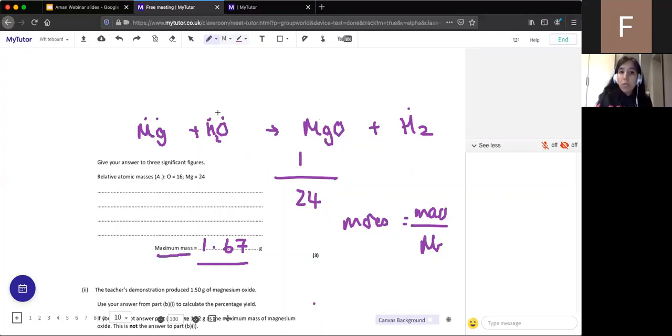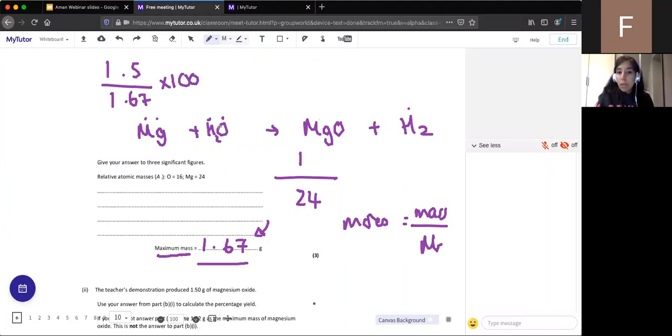If someone does this reaction and puts it under all of the right conditions that it needs to be under, makes sure all that magnesium reacts and there's no reversible reaction, in theory, they should be able to produce 1.67 grams of magnesium oxide. So the percentage yield says, okay, but what's the percentage of how much we produced over the total? So we did 1.5 divided by 1.67, and then we times by 100, because again, it's a percentage yield.